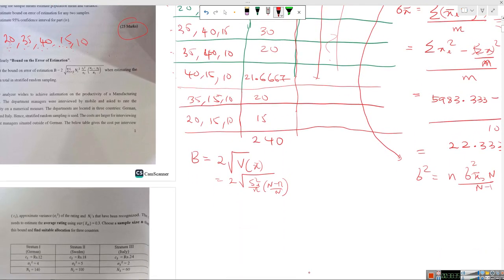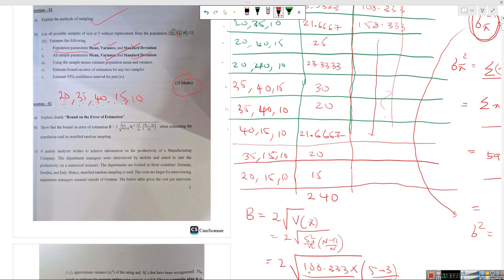So I may write this as 2 into square root of 108.333 into N minus n, 5 minus 3, divided by 5, divided by 3. This will give you the value, okay? And for another sample also, whatever the sample you prefer, you can find the bound on error.